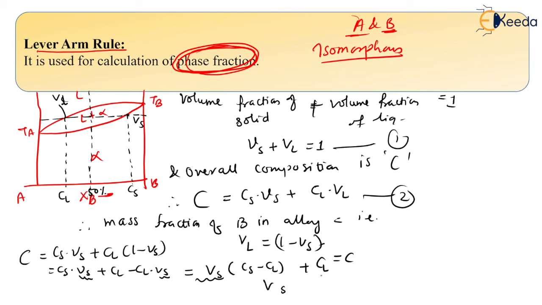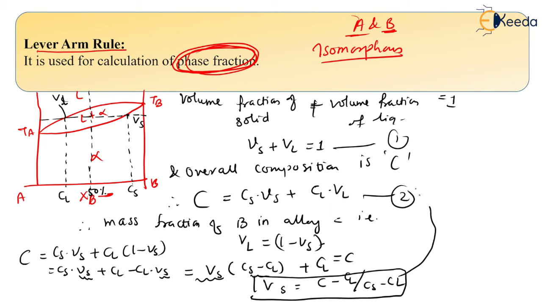Vs is equal to C minus Cl divided by Cs minus Cl. So you get the volume fraction in solid. Now put this value of Vs in equation 1, and you will get the volume fraction in liquid as Cs minus C divided by Cs minus Cl.